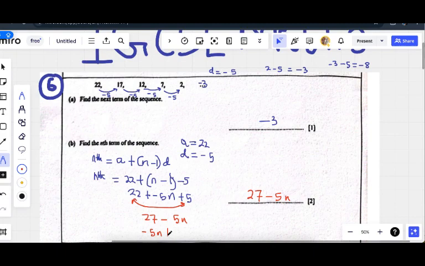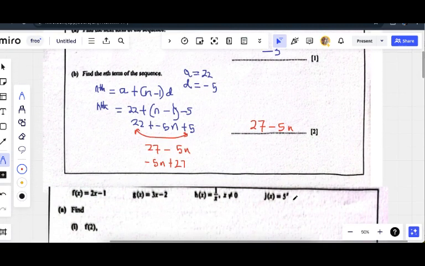It doesn't matter which one you write first, whether you write positive 27 first or second, it's still fine. So for this one you get your 2 marks.